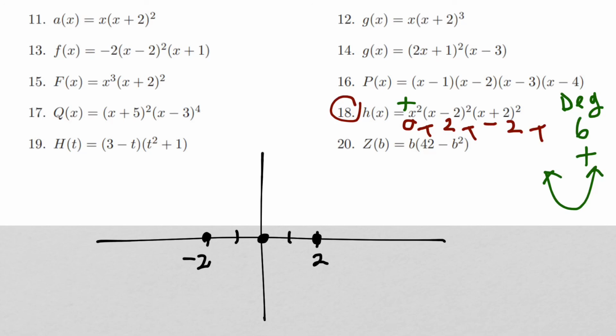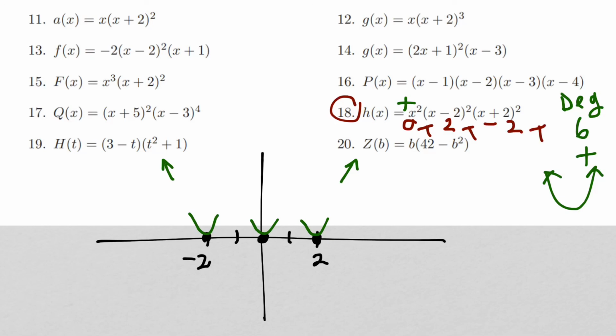And then I've got up, up, end behavior. Now as far as what happens at the zeros, I've got a bounce at negative 2 or a touch. So a touch at negative 2. I've got a touch at 0. And I've got a touch at positive 2.